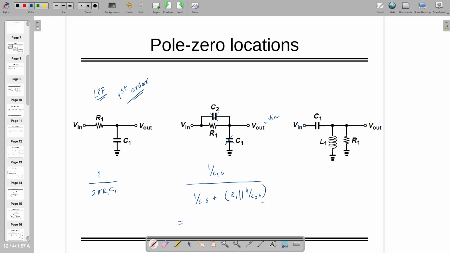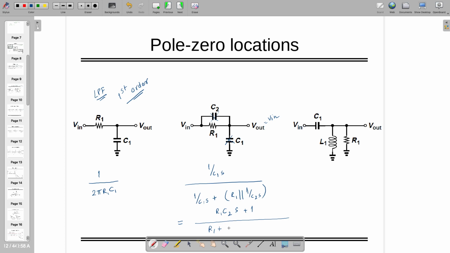Yeah, Shashi? Yeah, Anvesh? Yeah. R1 C2S plus 1.